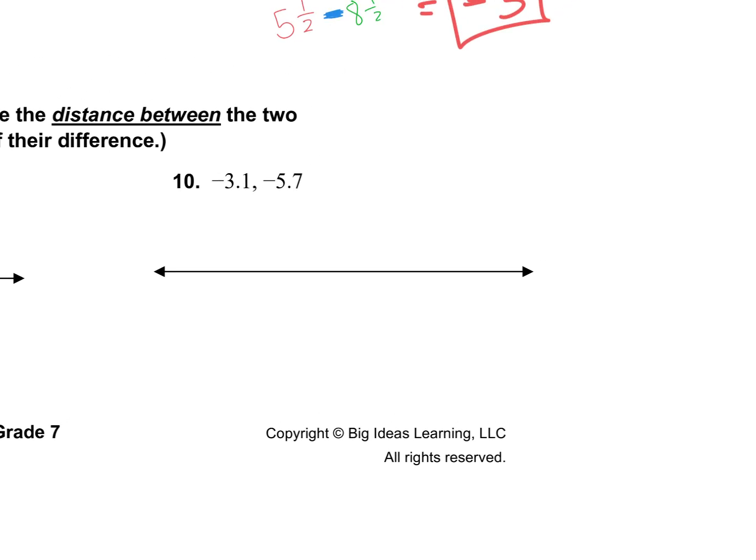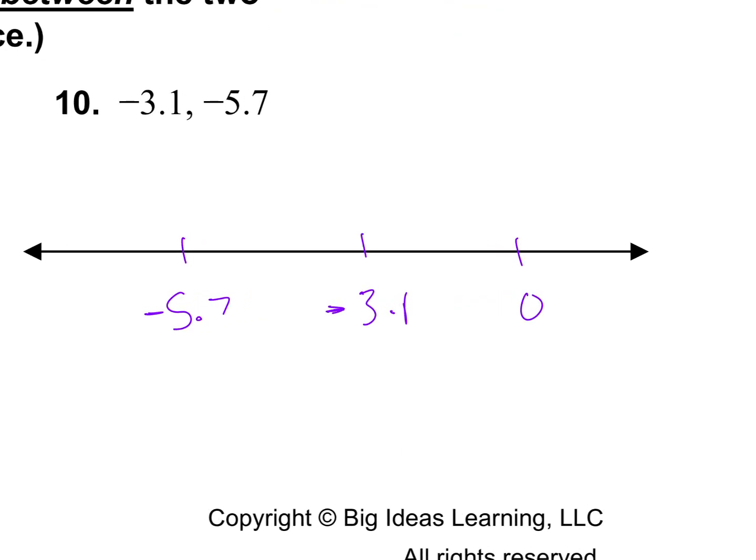Now we have 0, we have -3.1, we have -5.7. So this one's a little trickier because it's like, okay, well, how far is it from here to here? Okay, well, let's just count. So if we were to go a total distance of 1, we would be at -4.7. Go another total distance of 1, we're at -3.7.